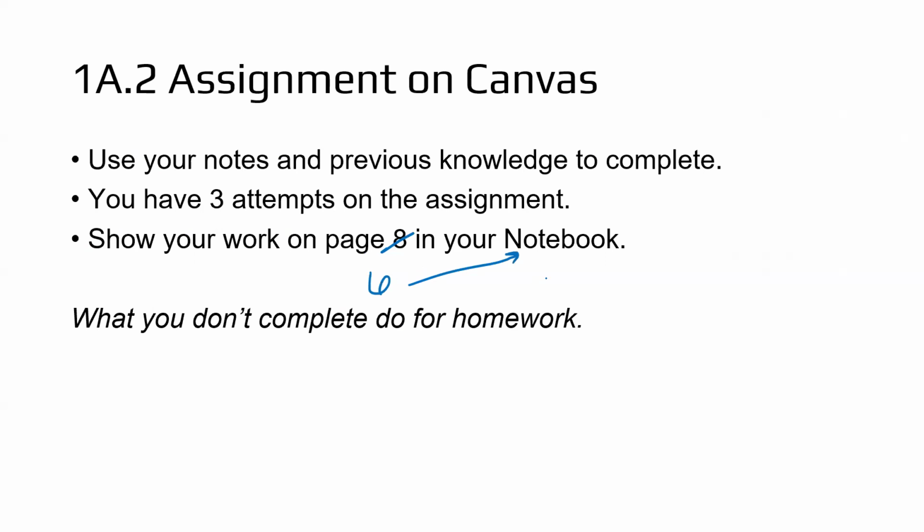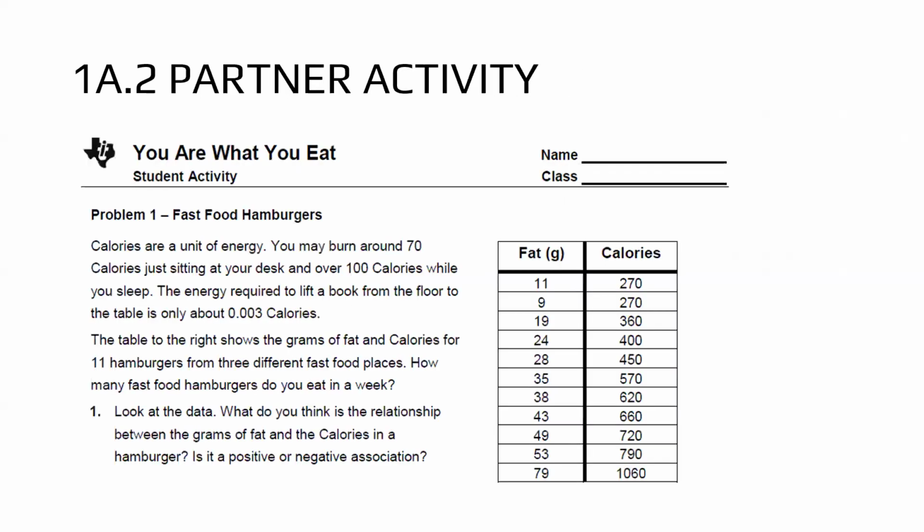It used to be page 8 because I used to put table of contents in there, but then I took it out, remember, and now it's in the front. So yeah. But it's going to be on page 6. So your 1A.2 assignment is on Canvas, and it's basically practicing what we just did. But right now in class, you're going to be working on your partner activity, which involves using the handy dandy calculator. All right. Okay, that's it.